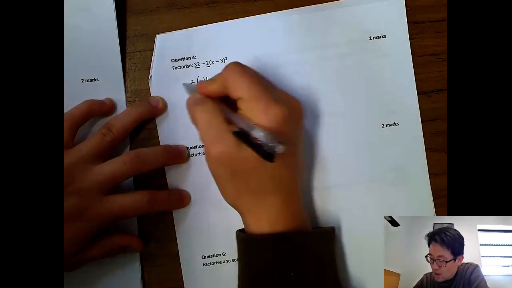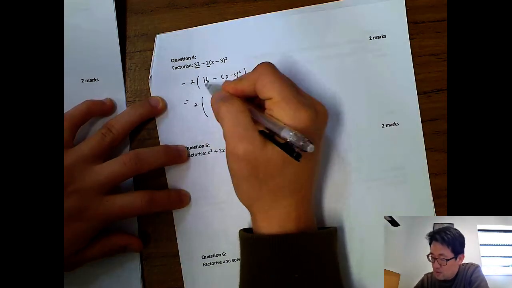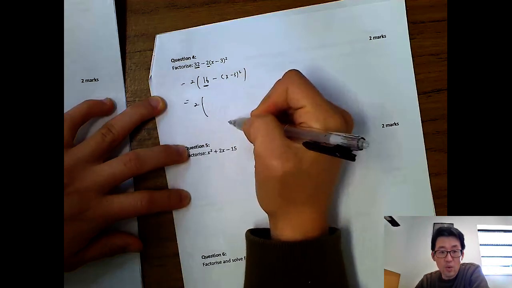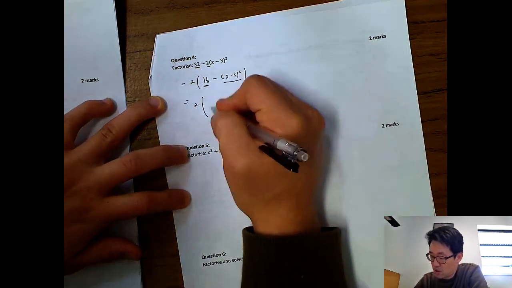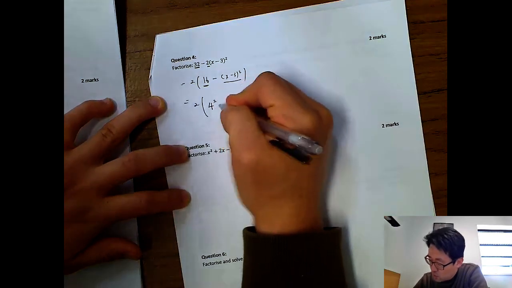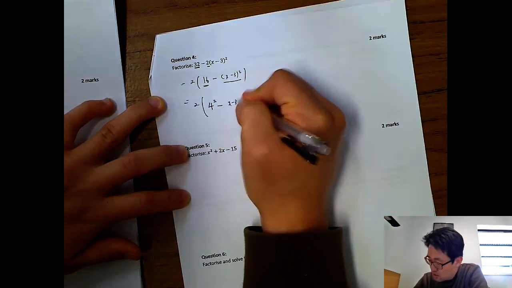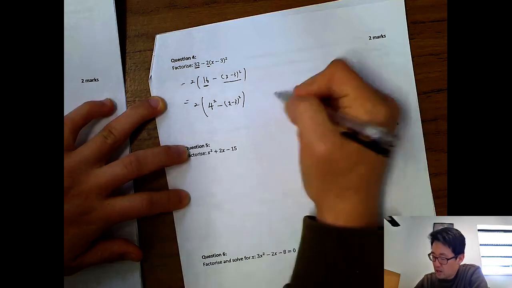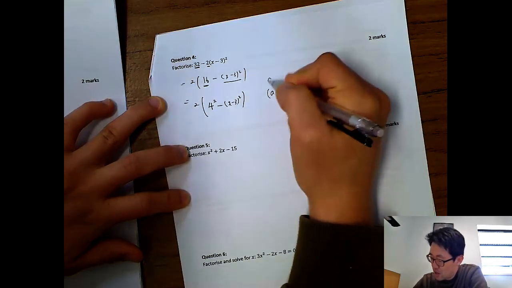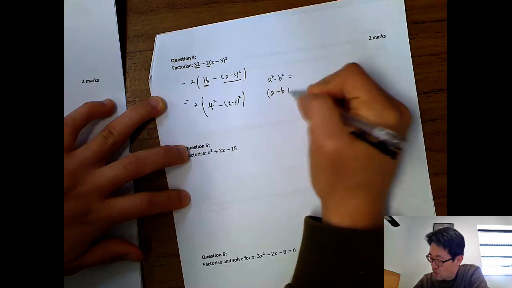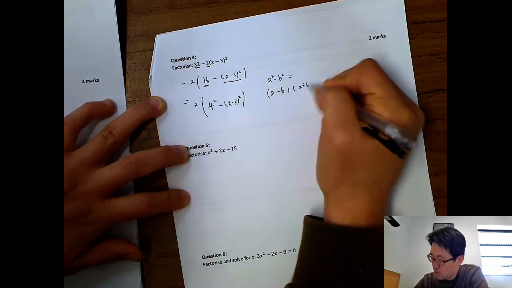Good. And 16 is 4 times 4, another squared number, isn't it? Times table is important. That's a squared number, so I can say 4 squared minus x minus 3 squared. Again, I can use a squared minus b squared equals a minus b, a plus b.